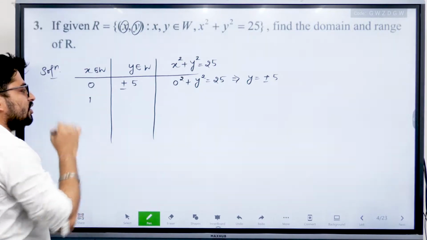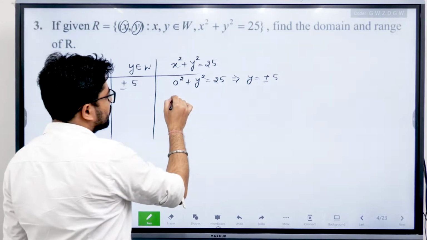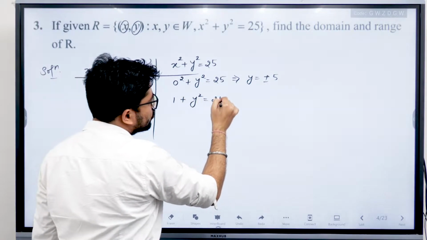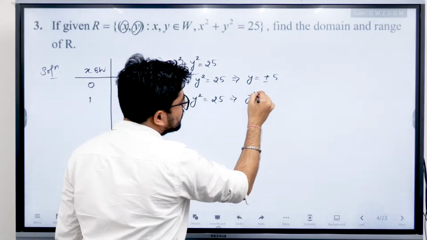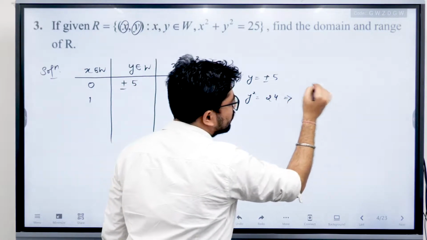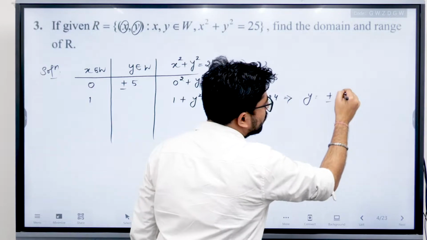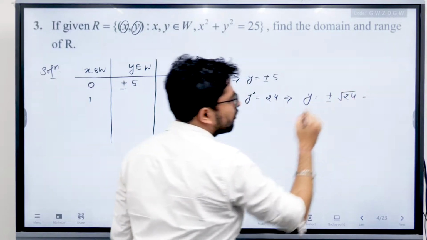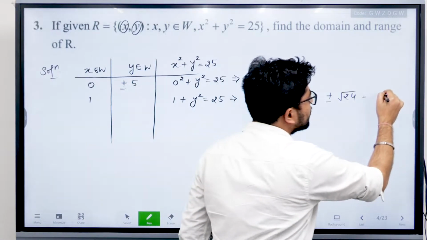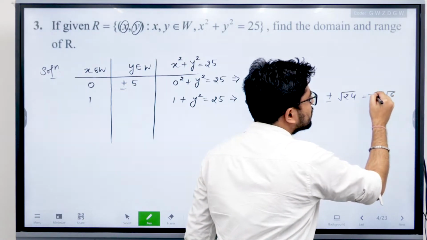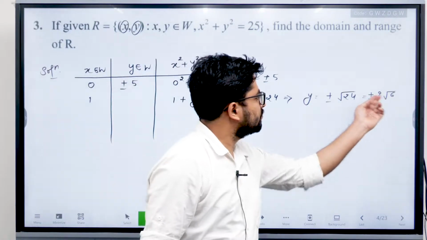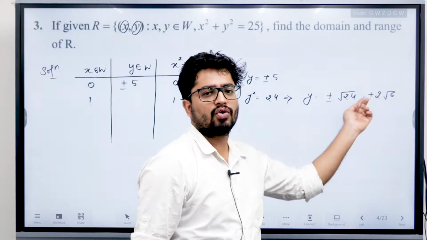If you put x = 1, then 1² is 1, plus y² is equal to 25. So y² = 24, and y = ±√24. Root 24 can be written as 2√6, since you can write it as 4 into 6, and the root of 4 is 2.